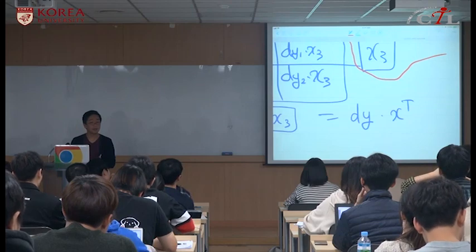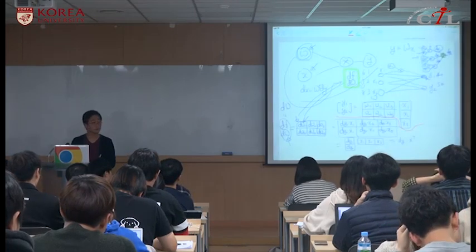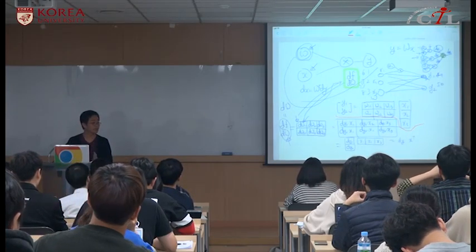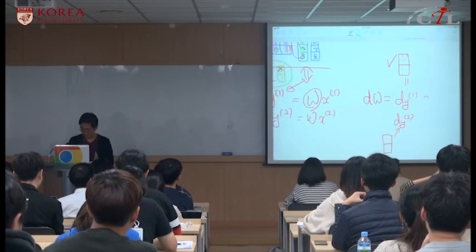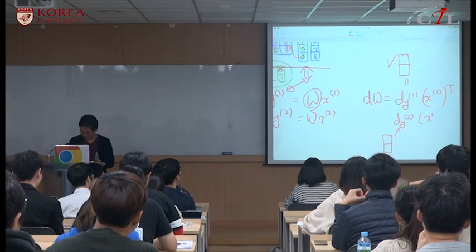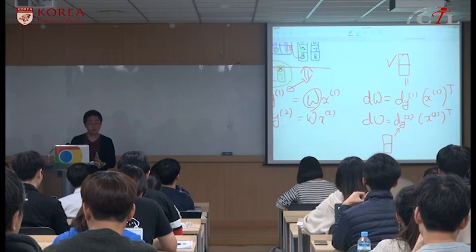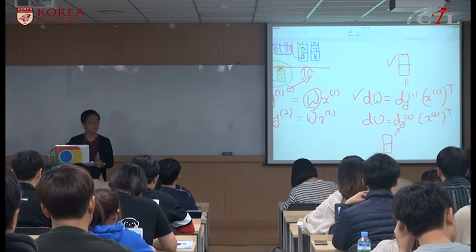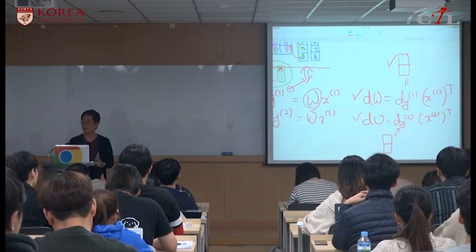This was the derivation of the gradient with respect to W when considering only a single data item. So we have the gradient caused by the first data item and the second data item.